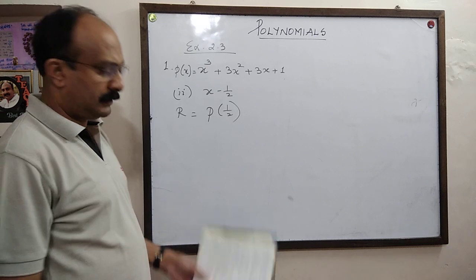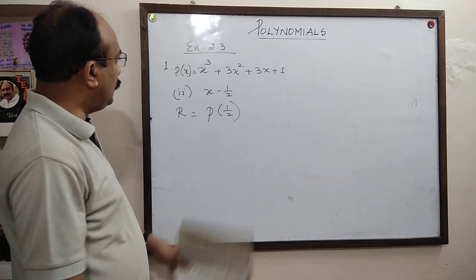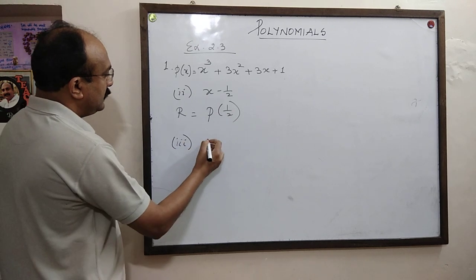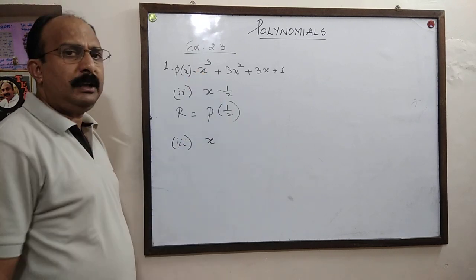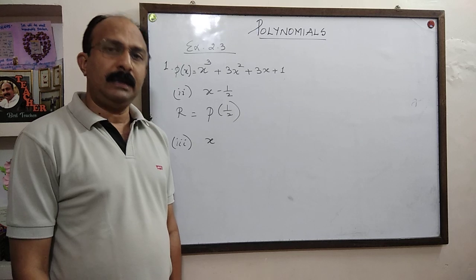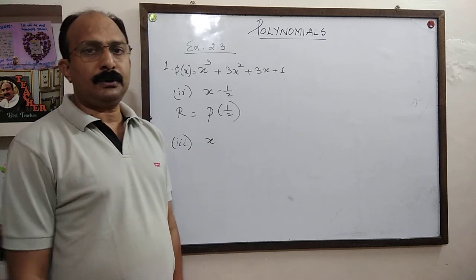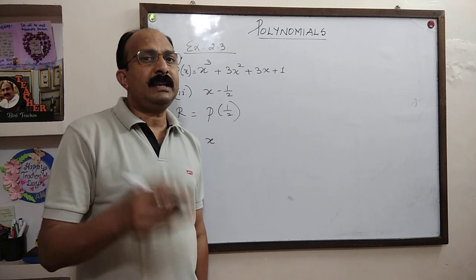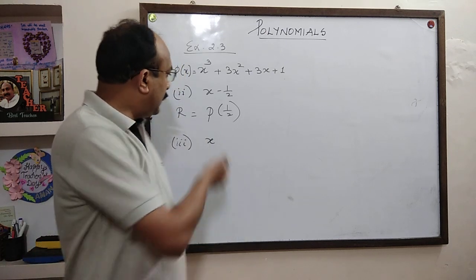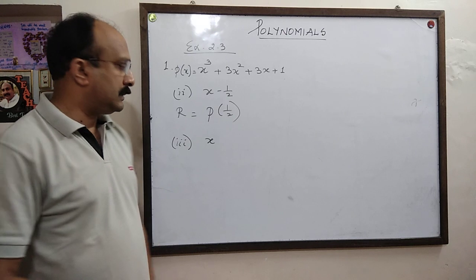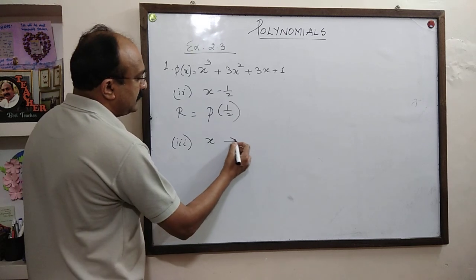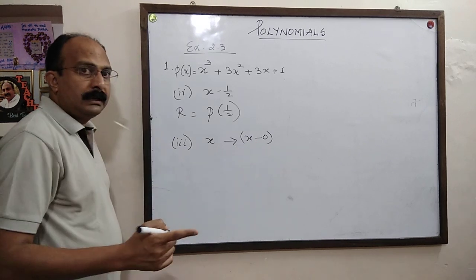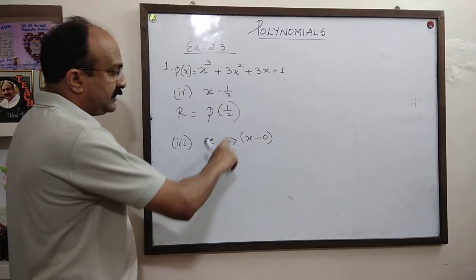Please continue it. Third question, only x. What do you mean by x alone? It means x minus 0. Since we need the divisor in the form of x minus a, and here we have only x, x can be considered as x minus 0, just to take it in the form of x minus a.